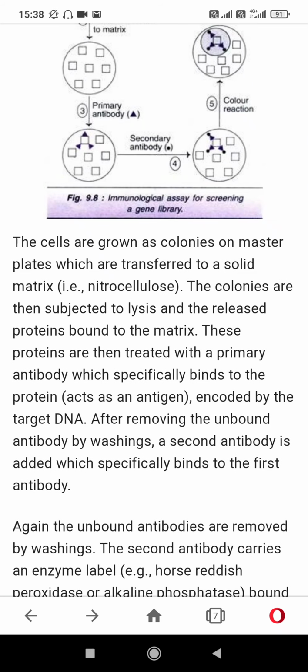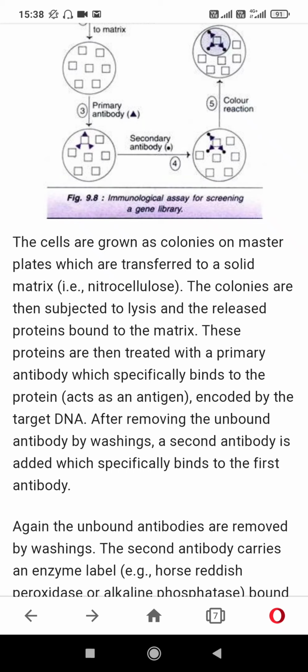So, simple thing, cells are grown as colonies on the master plates, which are transferred to a solid matrix like nitrocellulose.